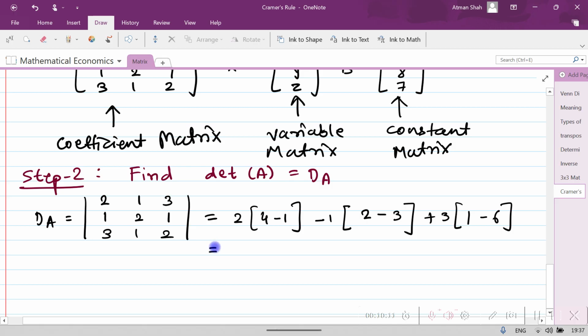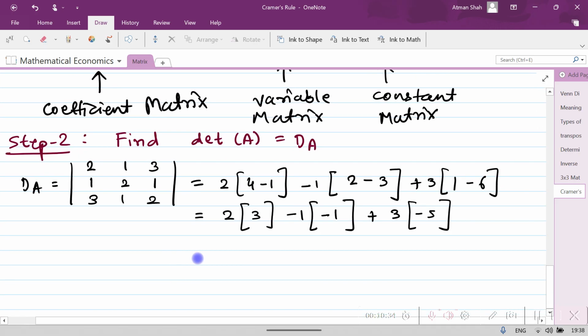So this is equal to 2 into 3, minus 1 into minus 1, plus 3 into minus 5.